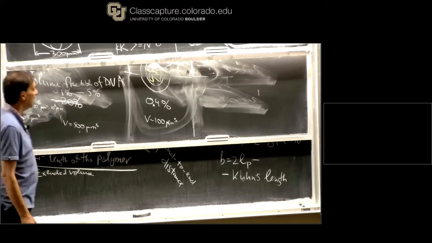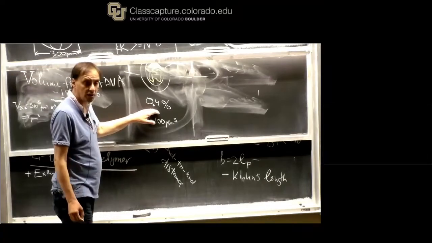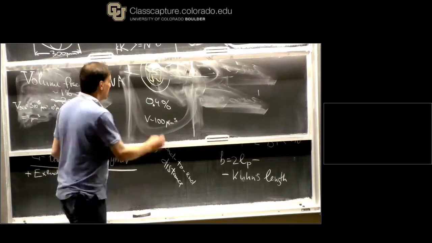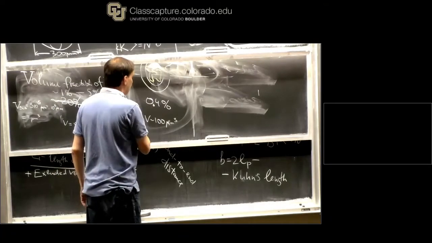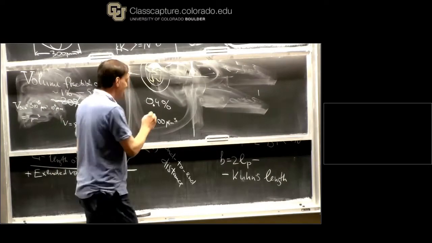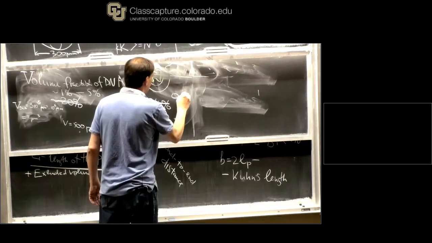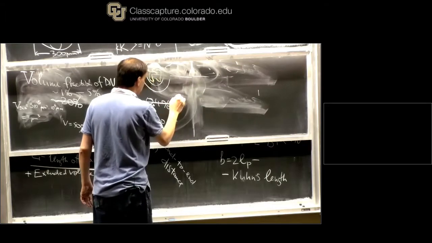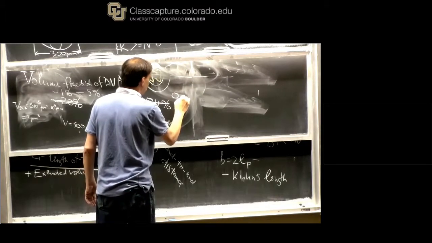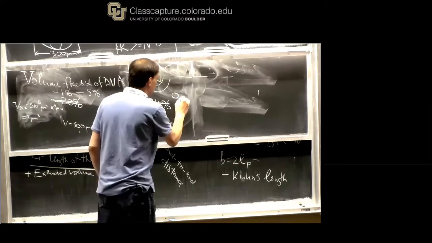Okay. In yeast, you got 0.4, half a. Divide by 25. So like 0.016. No, 0.16%.